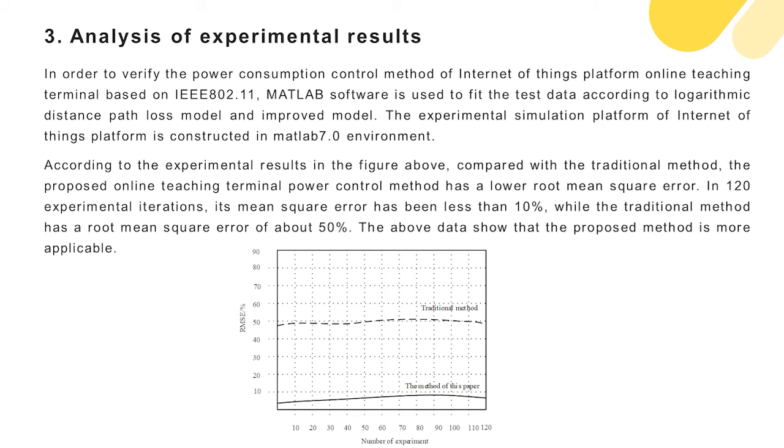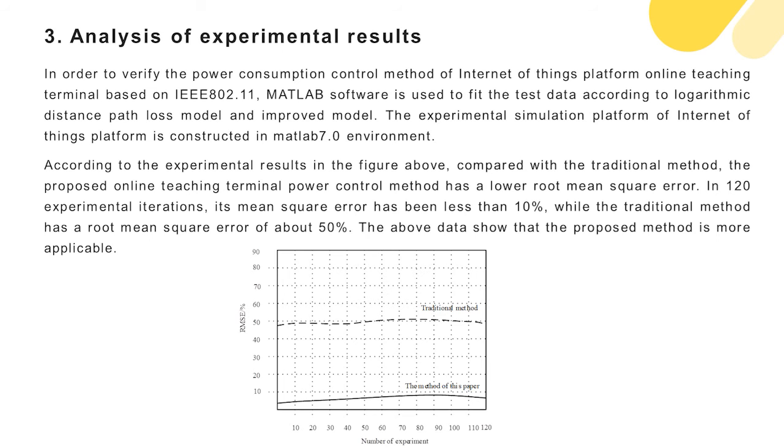The experimental simulation platform of Internet of Things platform is constructed in the MATLAB environment. According to the experimental results in the figure above, compared with the traditional method, the online teaching terminal power control method has a lower root mean square error.